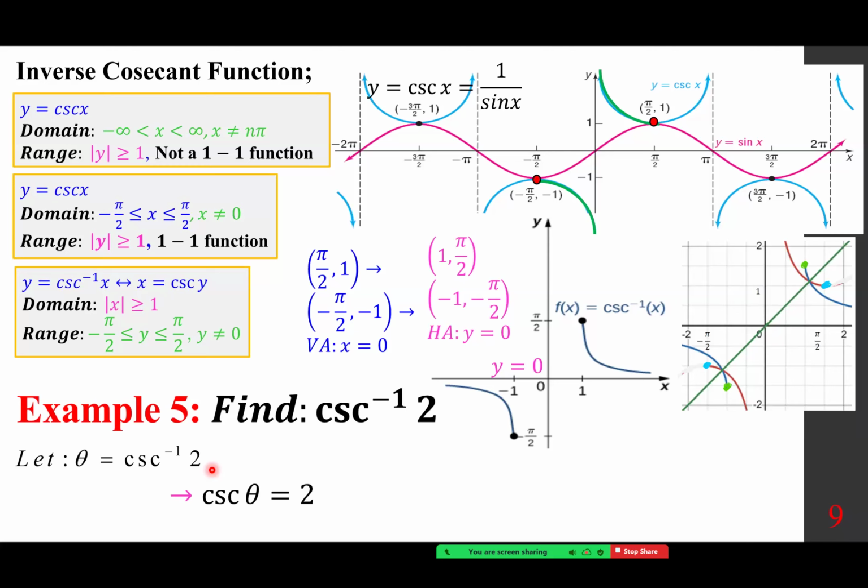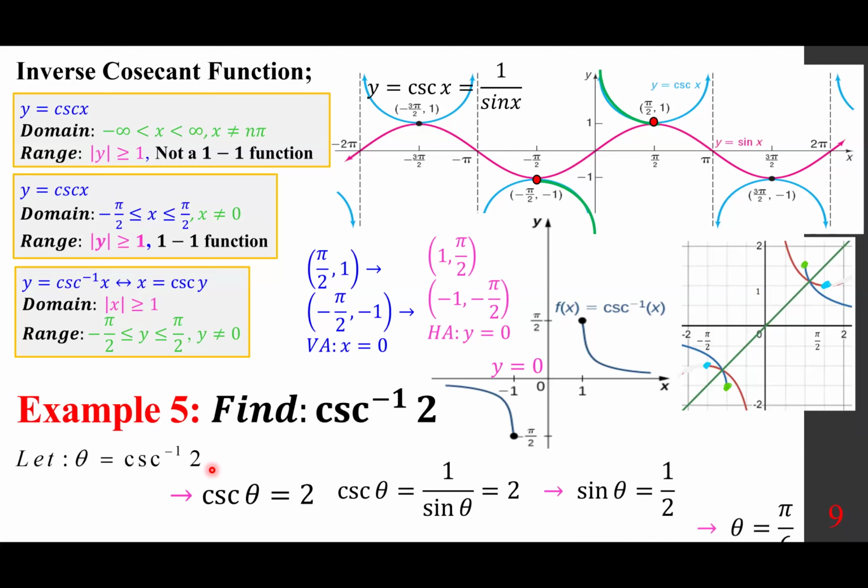We don't know cosecant, but we do know sine, and we do know that cosecant is 1 over sine. So if cosecant is 2, sine is its reciprocal 1/2. Therefore, theta must be pi over 6.